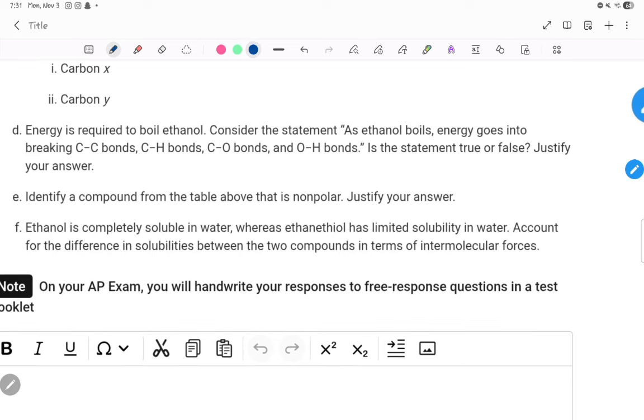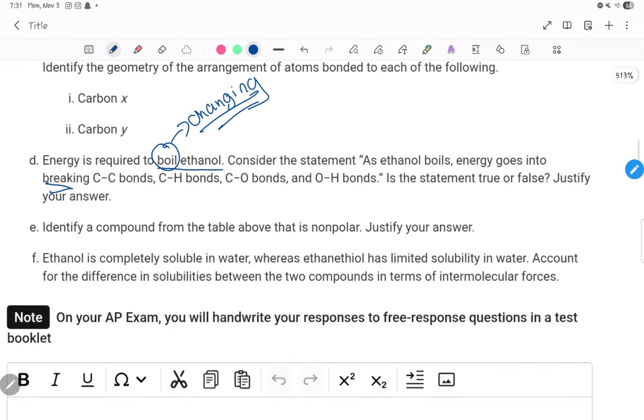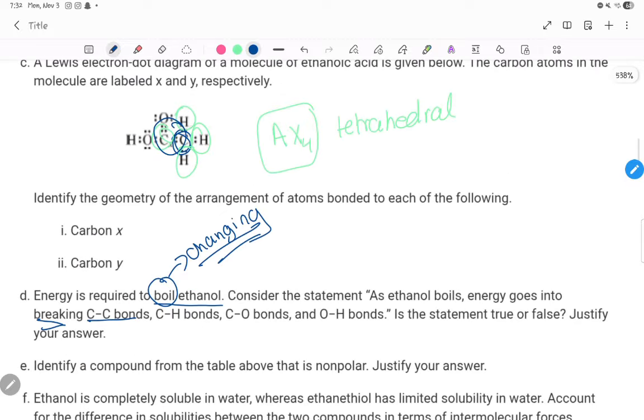They said it's required to boil ethanol. When we say boil ethanol, we are changing states. And we said whenever we are changing states, we don't do anything with breaking the intramolecular bonds. It's the carbon-carbon bond, carbon-hydrogen bonds, carbon-oxygen bond, and oxygen-hydrogen bond.